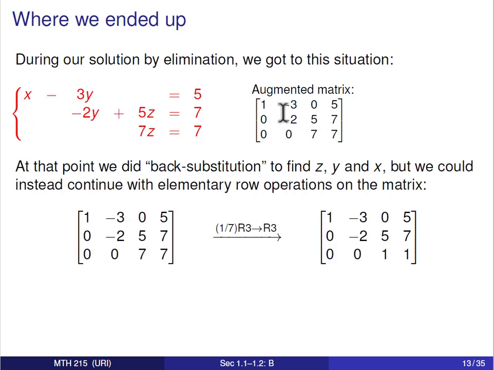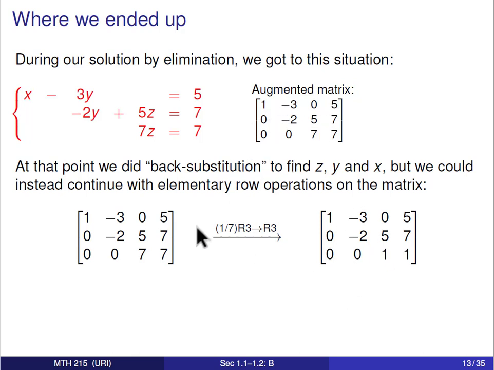Now, we'll say exactly what that name is in just a second, but if you'll remember, what we did was back substitution, solving for z, plugging that back in for the second equation, solving for y, and plugging that back in. We could do that here, but we can also use our same elementary row operations as before to continue to solve the system in matrix form.